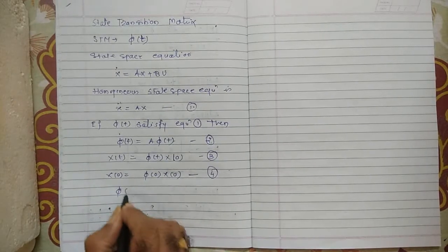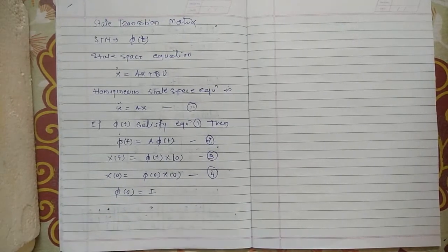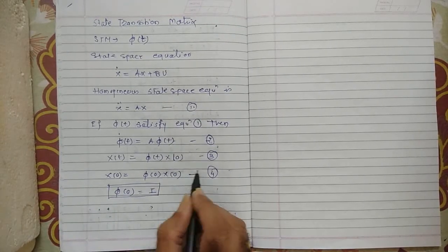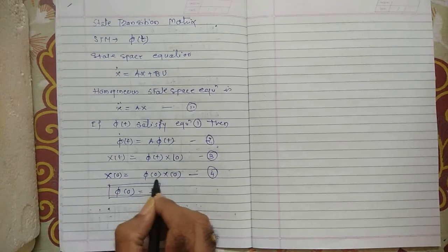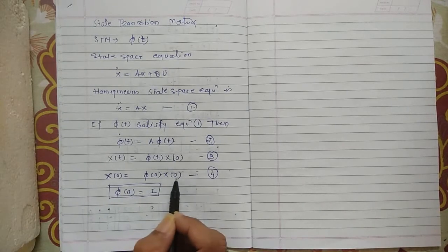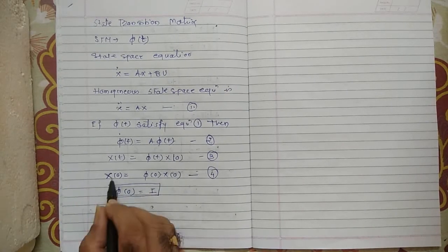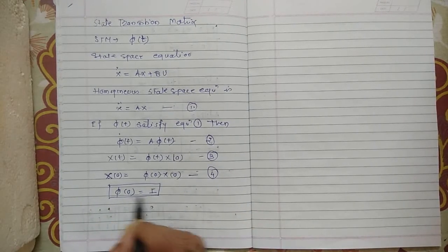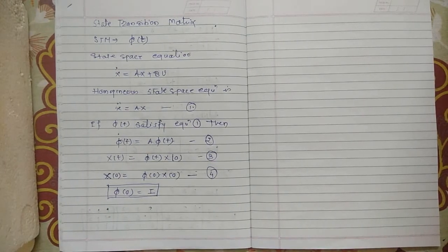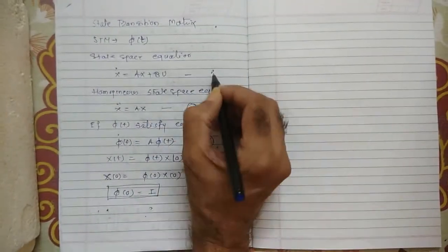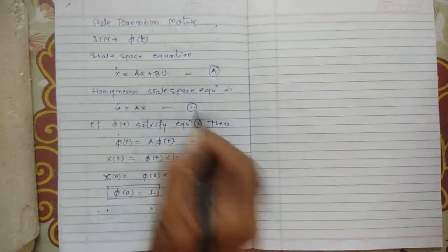So phi of 0 is nothing but my unit matrix, that is I. From these equations, x of 0 equals phi of 0 into x of 0, so phi of 0 must be 1. That's why we can write phi of 0 equals I, my unit matrix. Let's say this is equation A and this is equation 1.